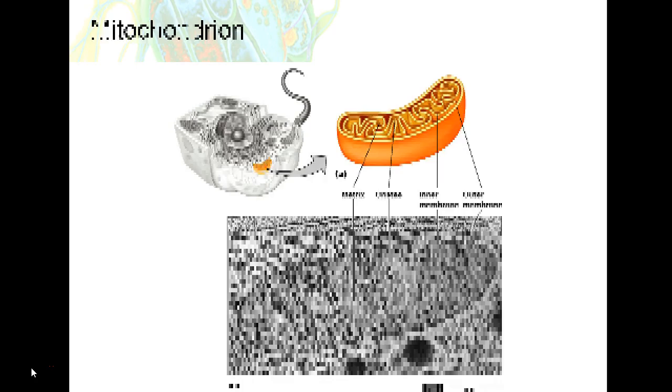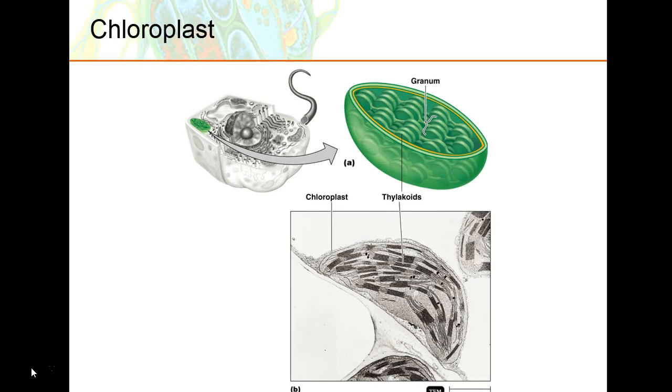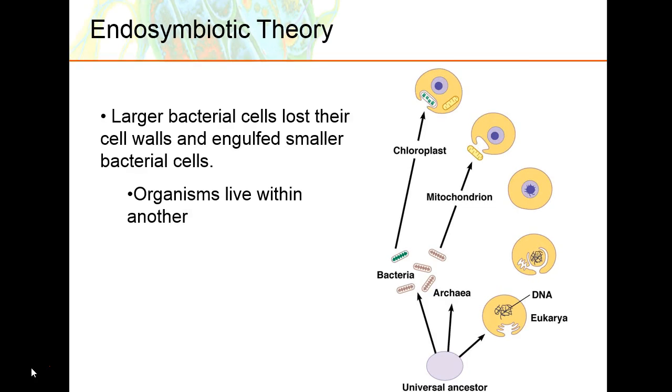And so we started looking at the idea, or the theory, if you will, of what is called the endosymbiotic theory. Microbiologists believe that originally there was some form of universal ancestor, and that eukaryotic species, in order to function at a higher level, actually engulfed some of the larger bacteria.